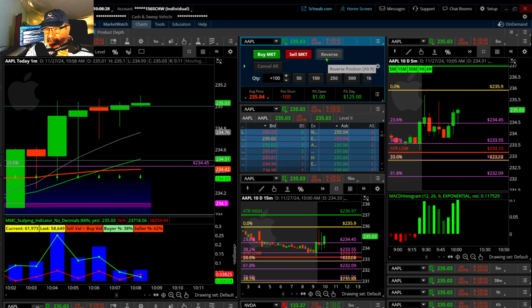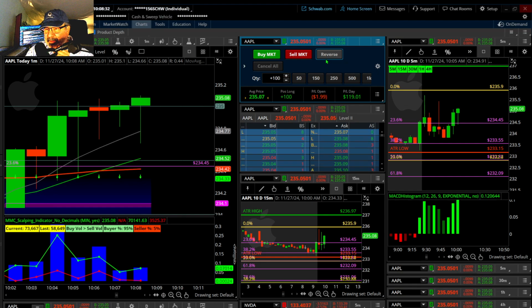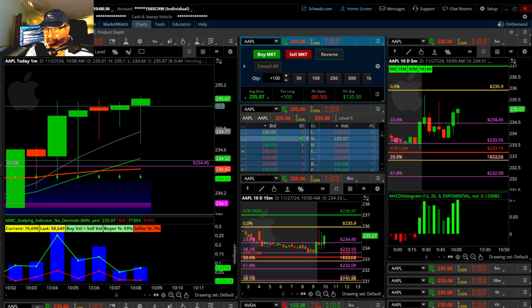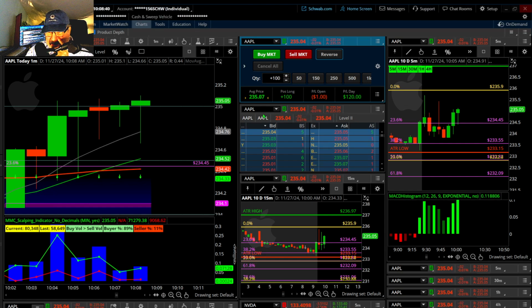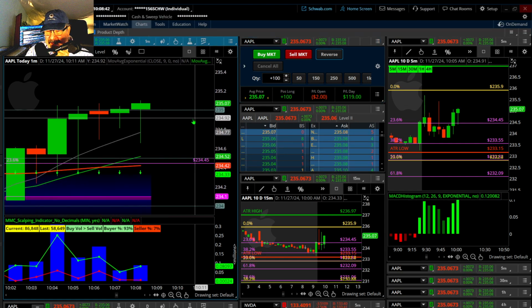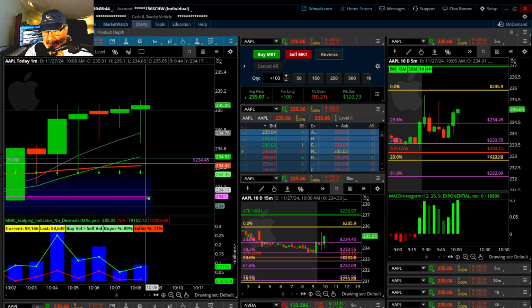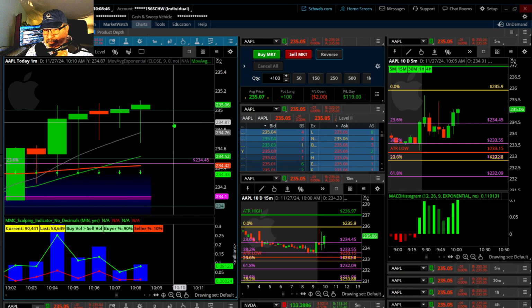I don't think it's going to do it. I think I might lose this. No, I'm going to just take that right there, 119. So I'm at 07 now, so yeah, I could have gone a little lower. Here's the market magnet there. I should have held it just a hair longer. I feel like it's just going to spike up really quick, and I'm going to be on the wrong position.